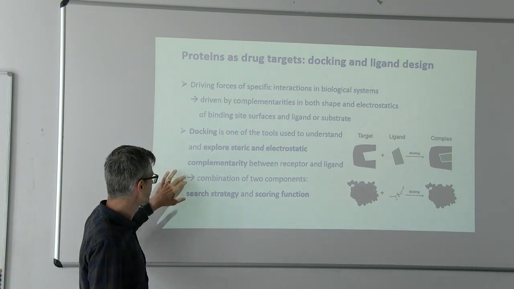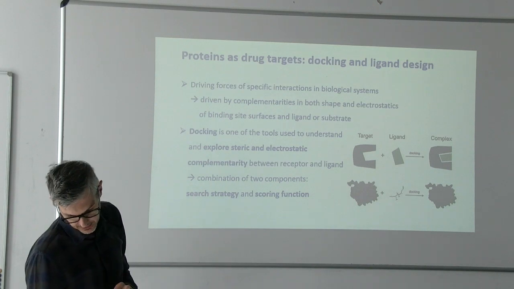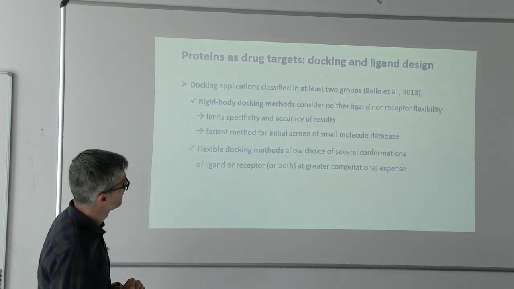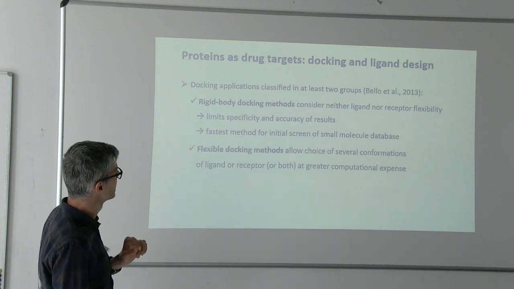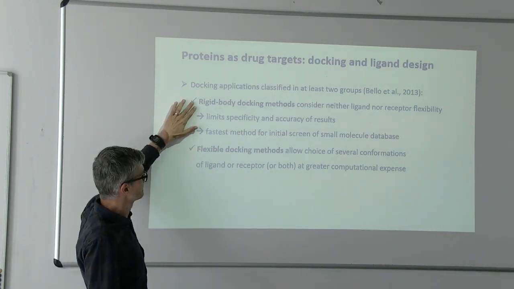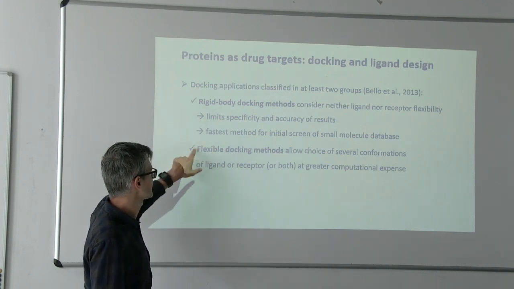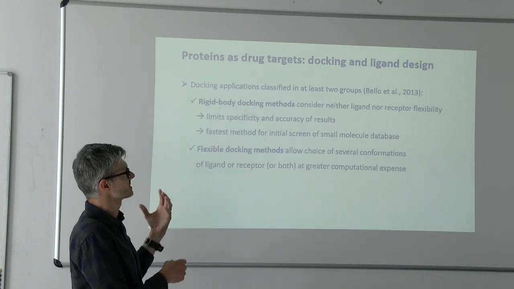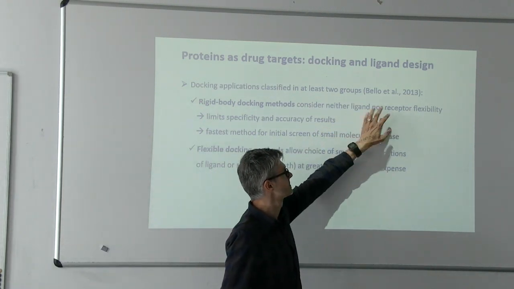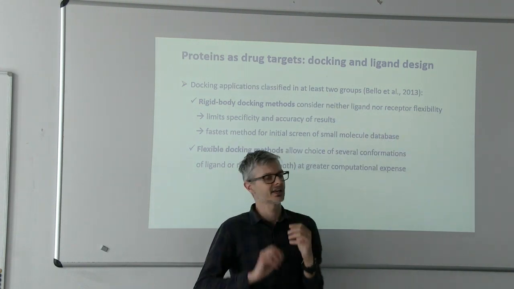You can combine 2 components, a search strategy and a scoring function, and you will see that coming back later this evening. If you want to divide it and look at different possible methods, we can split it up into rigid body docking methods and flexible docking methods. The focus here is on the flexibility. In the first case, both molecules, ligand and receptor, are not flexible, and you try to look at the interaction.